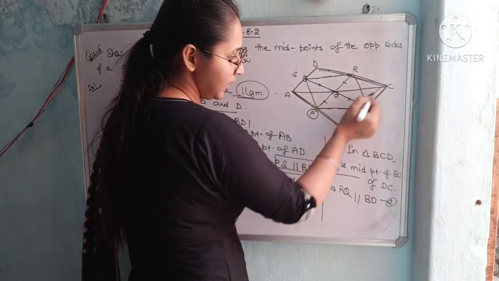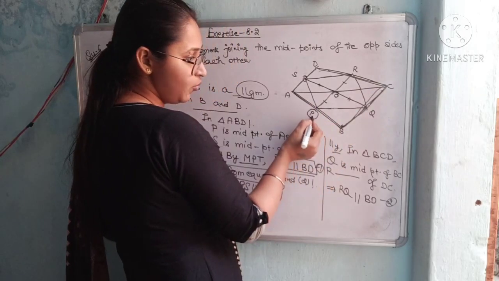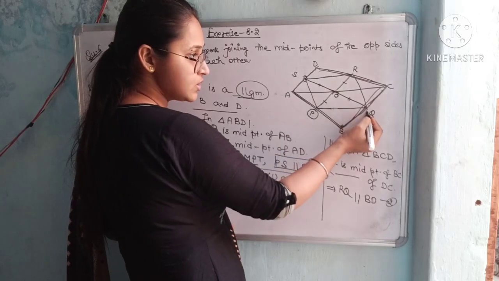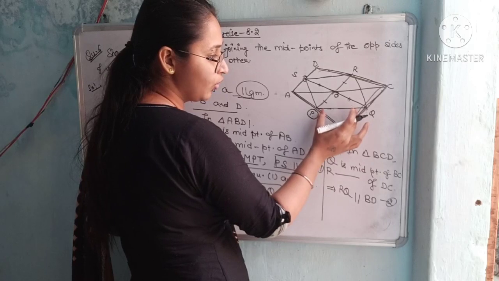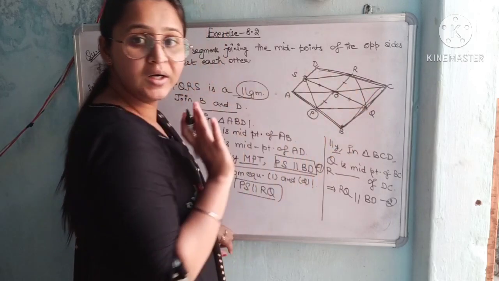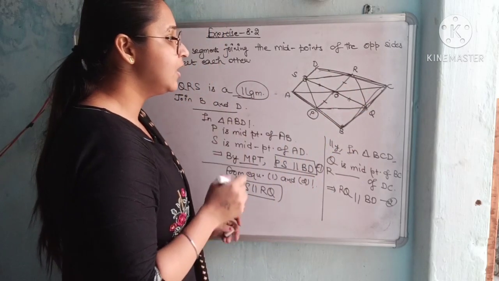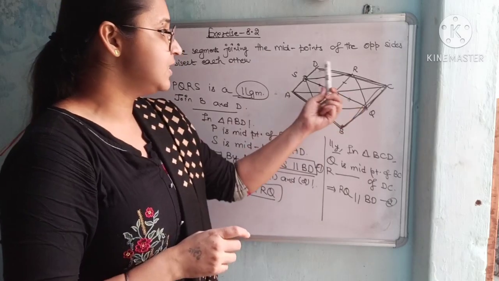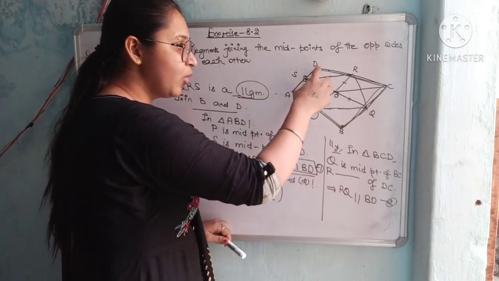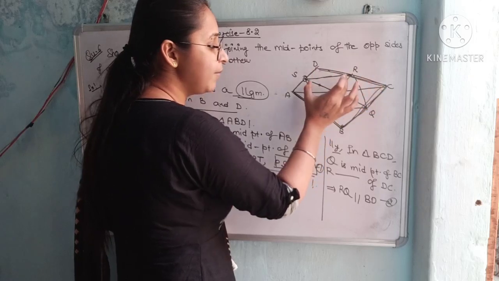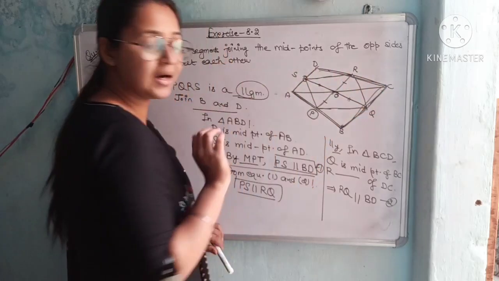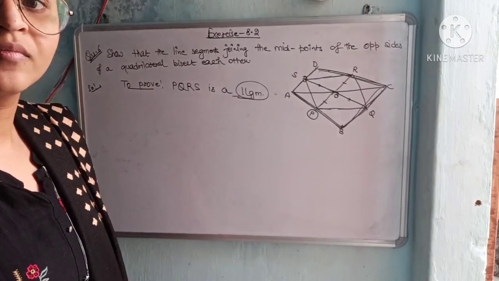In triangle ABC, P is the midpoint of AB, Q is the midpoint of BC. Then by the midpoint theorem, PQ will be parallel to AC. Similarly, in triangle ACD, S is the midpoint of AD, R is the midpoint of CD. It implies SR will be parallel to AC.